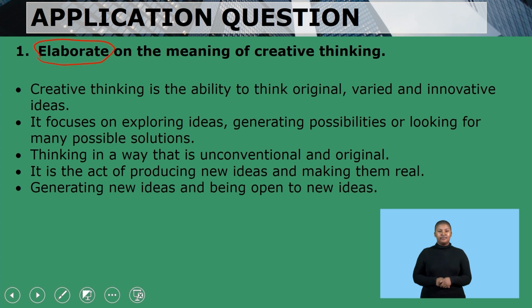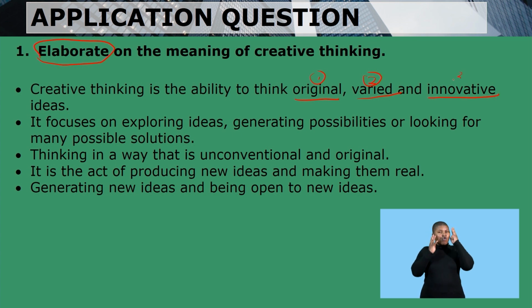It says here, creative thinking is the ability to think original. Remember, thinking original, not only original, but varied, things that are different, and innovative ideas. Innovatively, things that have never been thought of before.